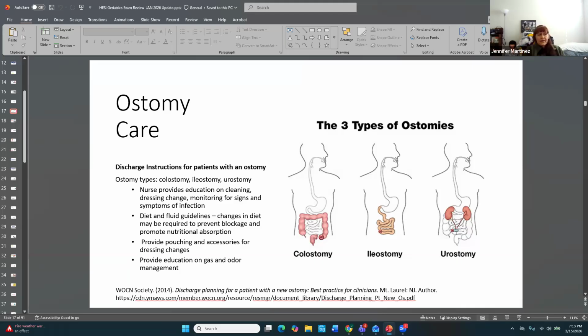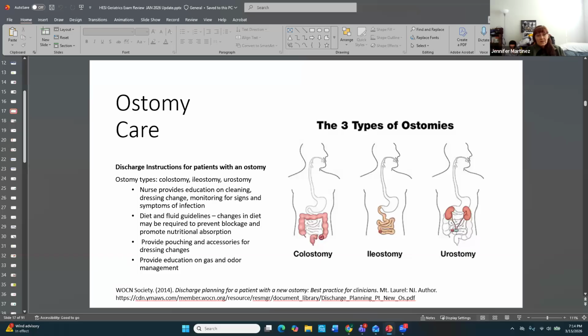With diet and fluid, changes in diet may be required to prevent blockage and promote nutrient absorption. Depending on the area where the ostomy is will determine the texture of the stool. Generally speaking, the higher the ostomy, the more liquid the stool is going to be.